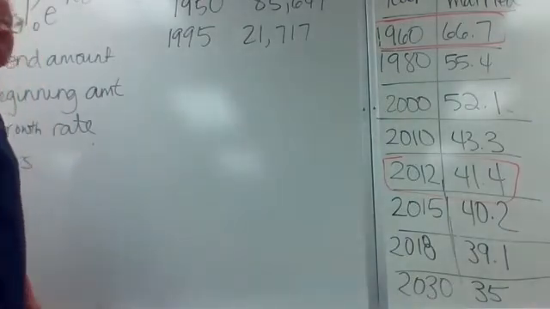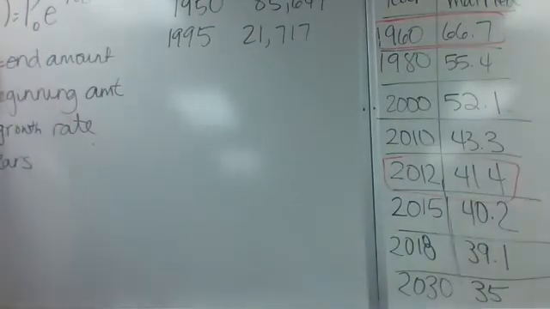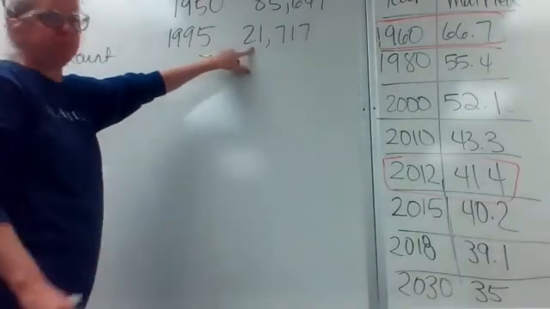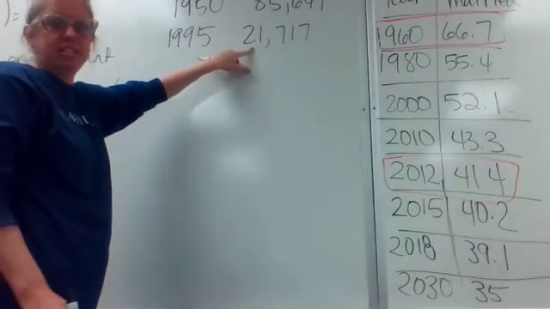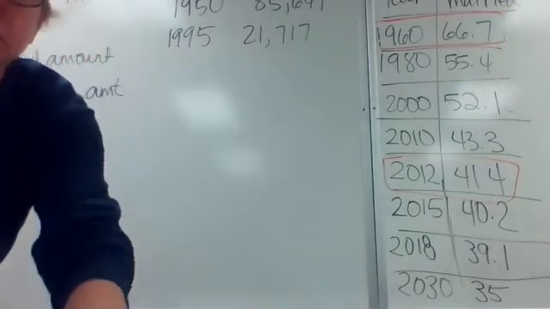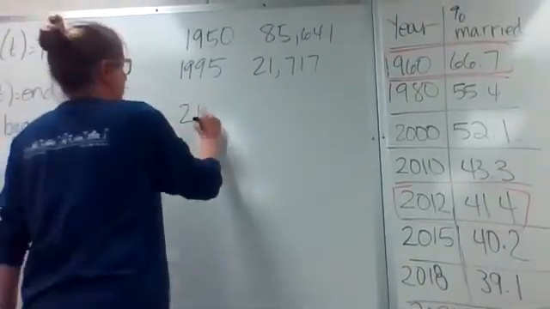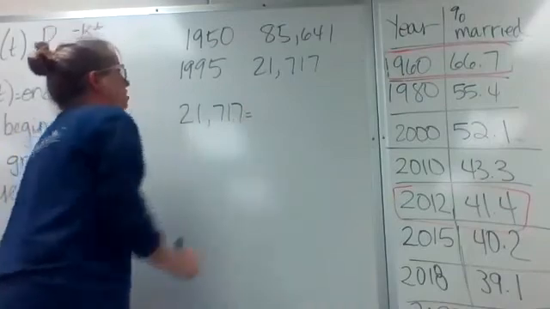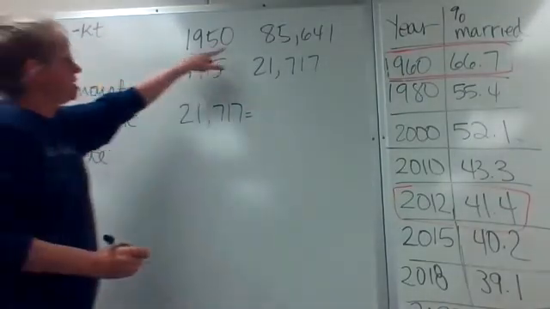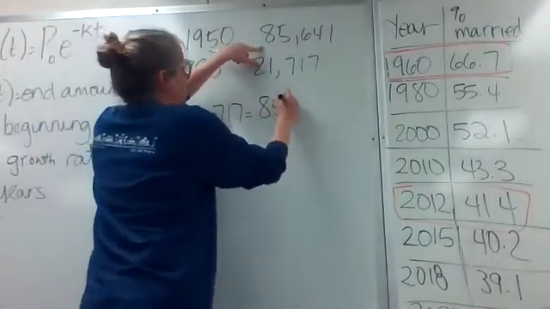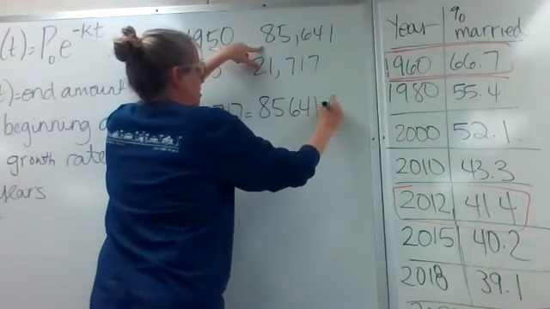So we're going to find K. Do I know the end amount? 21,717. Do I know the beginning amount? Yes, 85,641.